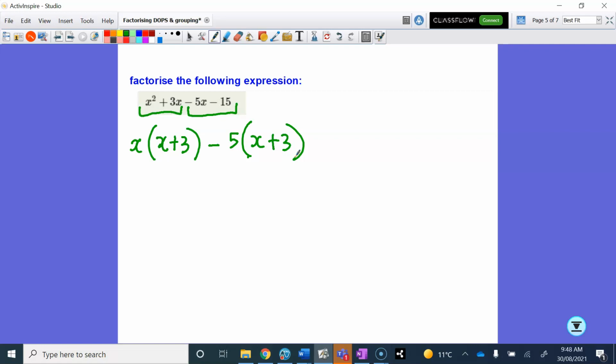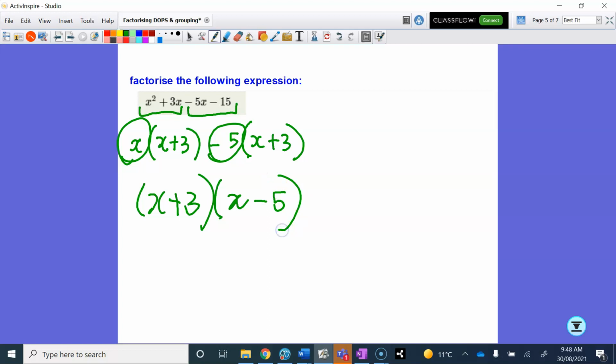So I'm left now with a common factor of both of those two parts of the expression of x plus 3. And then what's left over can go in my second bracket, x minus 5. What's remaining there goes in the second bracket.